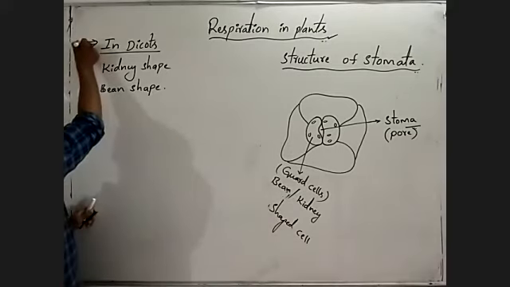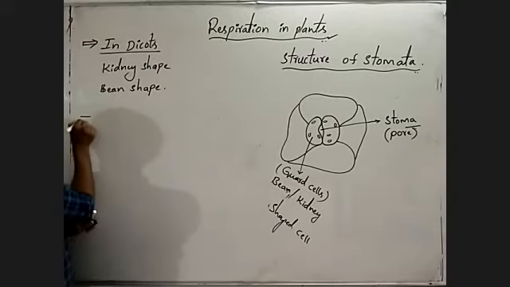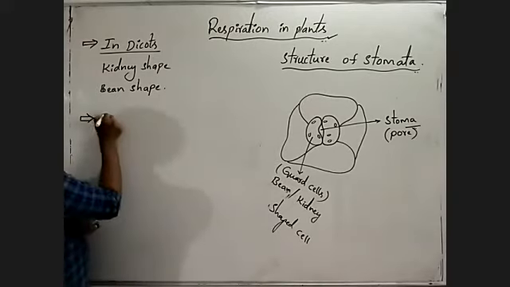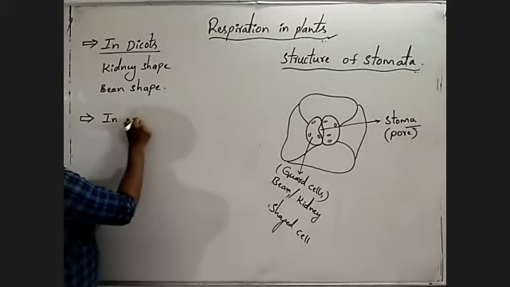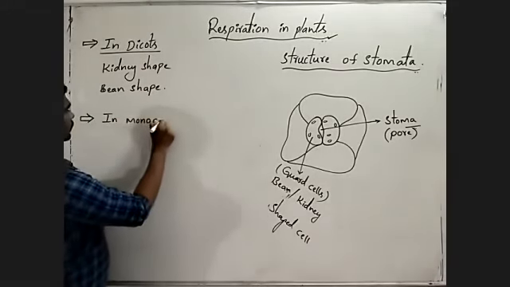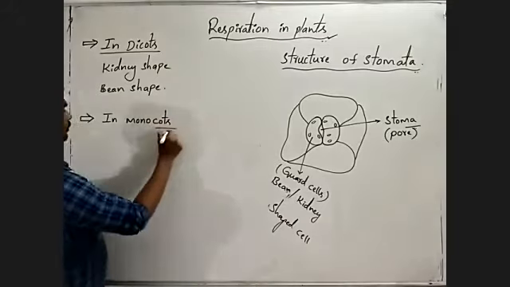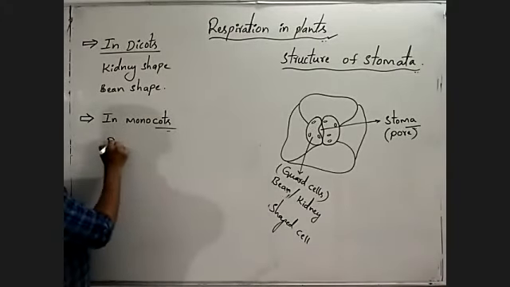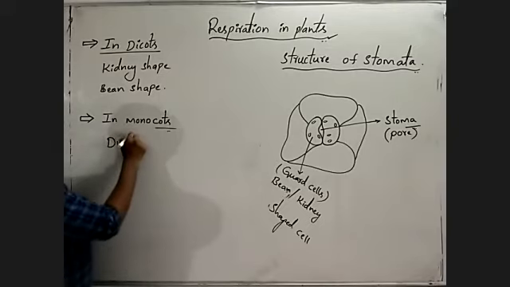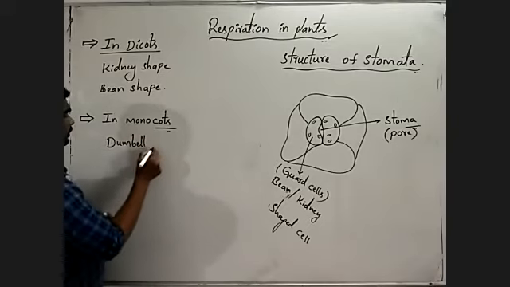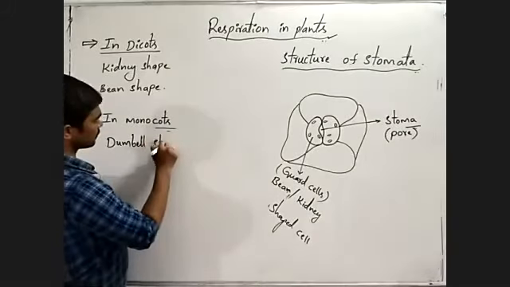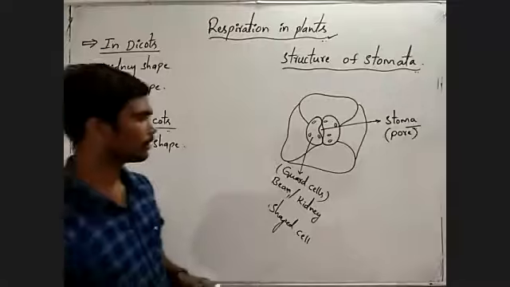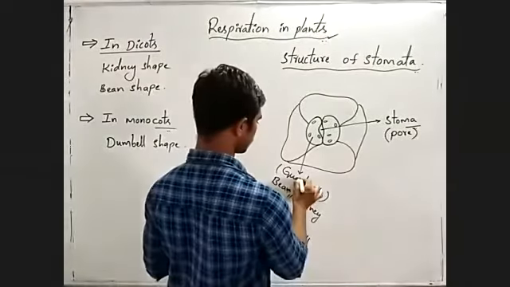Next, in monocot, they are dumbbell shape. Okay, are you understanding?